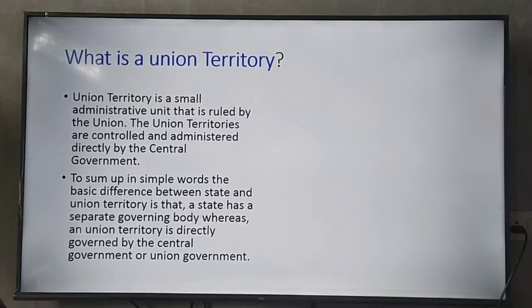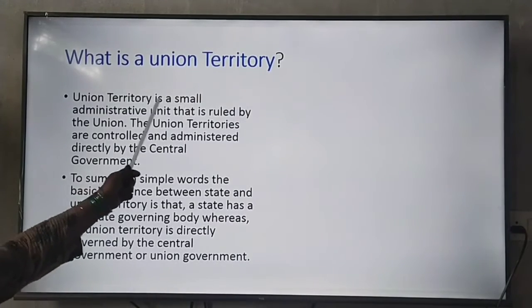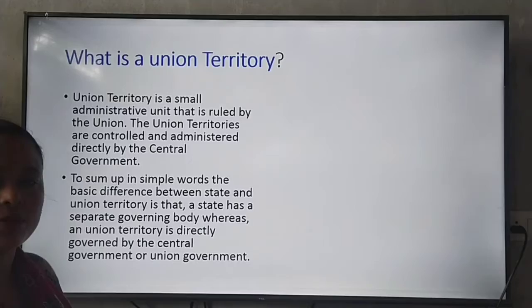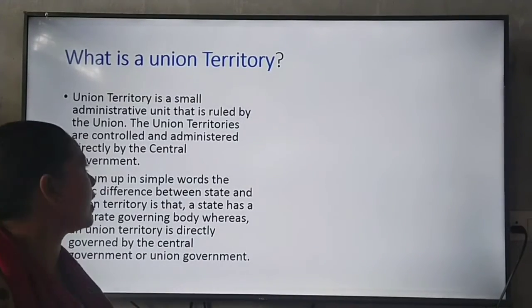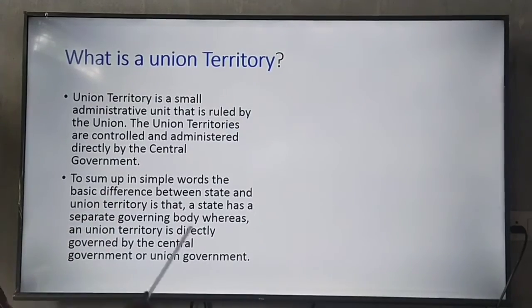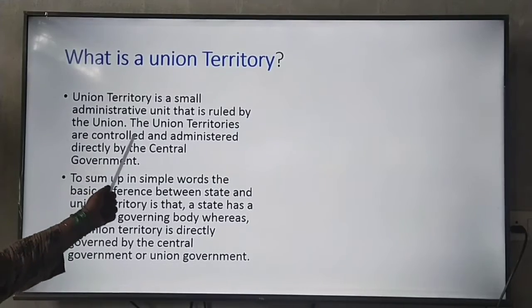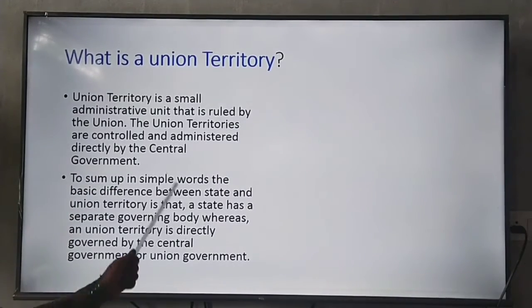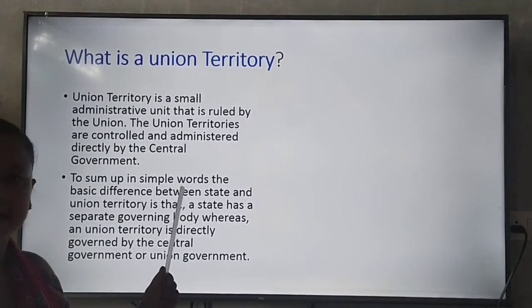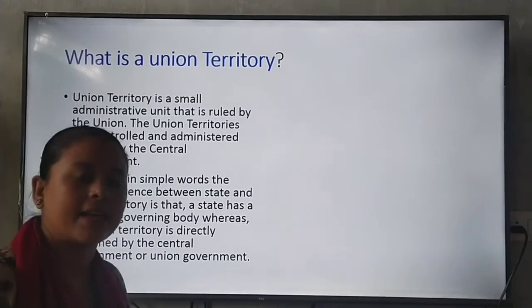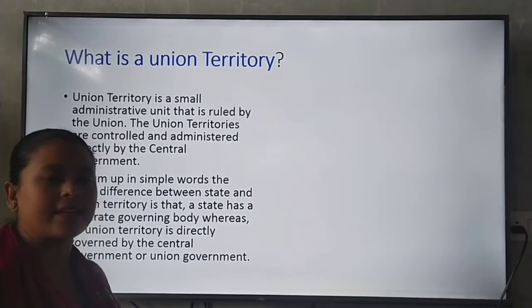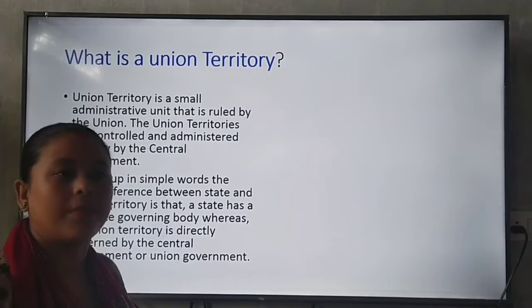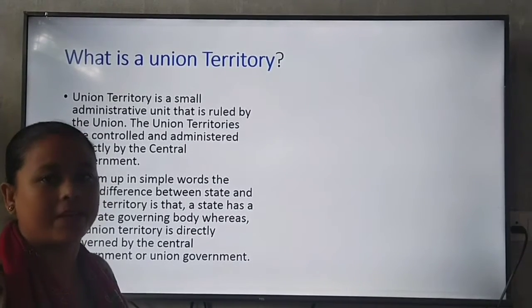So children, union territory means a small administrative unit than state, okay, and that is ruled by the union. The union territories are controlled and administered directly by the central government, whereas state is run by its government, like chief minister, okay.